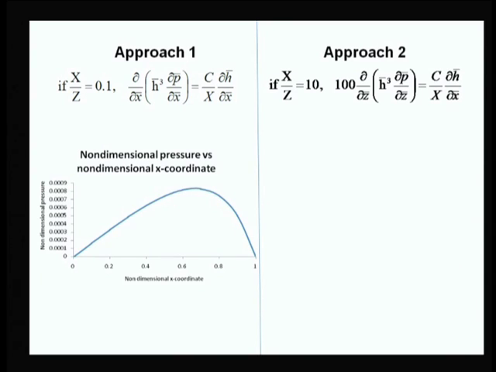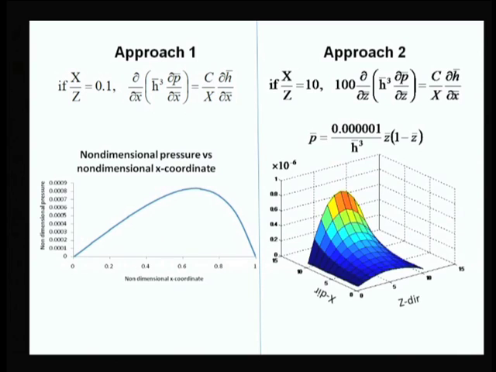Initially for approach 1 this was the case, but now for approach 2 this is our case. You can see this is 100 times compared to the earlier approach, so the pressure distribution will change accordingly, and we found the pressure distribution for the given data something like this.